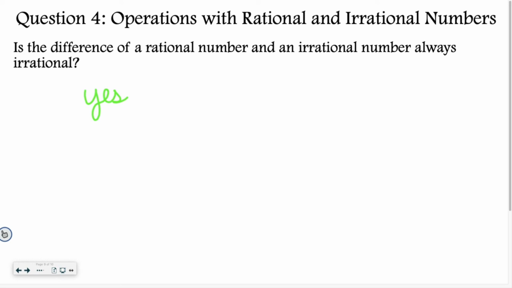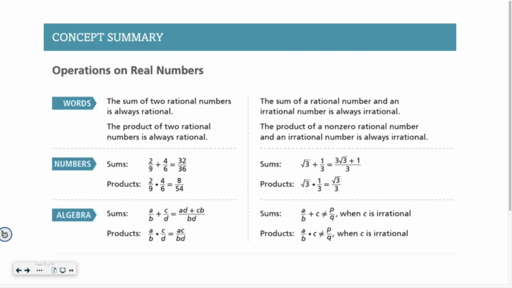So you can think of subtracting as adding a negative number. So really, difference operates the same way as a sum. When you subtract a rational number and an irrational number, you're going to have an irrational number. You're going to have a number that goes on forever and ever, okay?